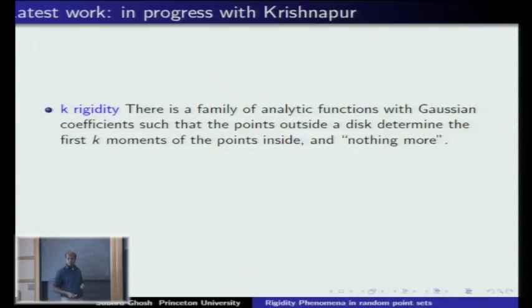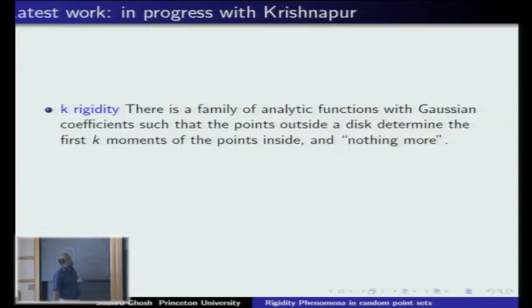But this process will not be ergodic, right? No, this is not an invariant process. And what you get here when k is, I guess, 0, what does this correspond to? Well, for k equal to 0, it is not an entire function. On the board, you're talking about k-rigidity.